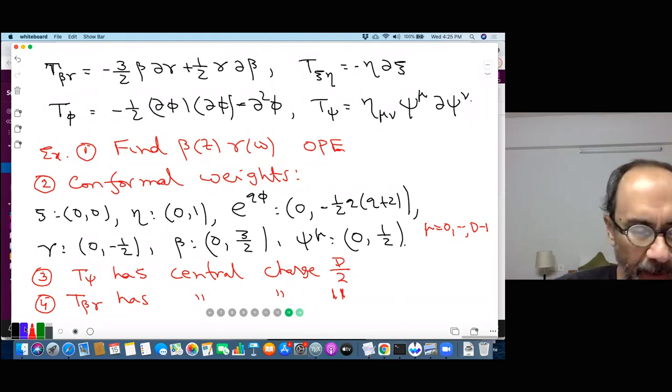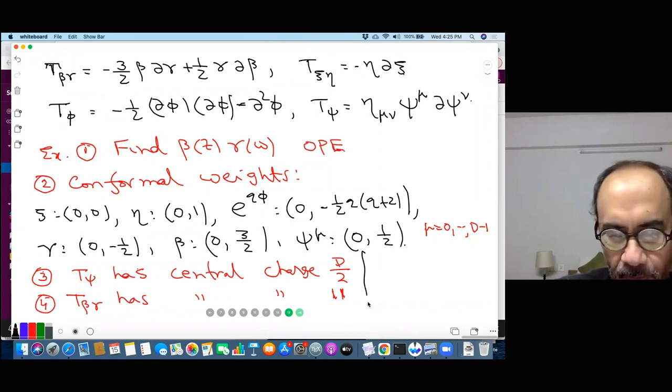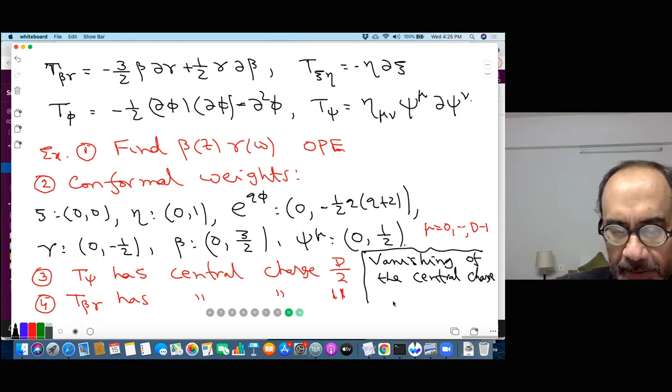So now let's see what the vanishing of the central charge tells us. What is the total central charge?